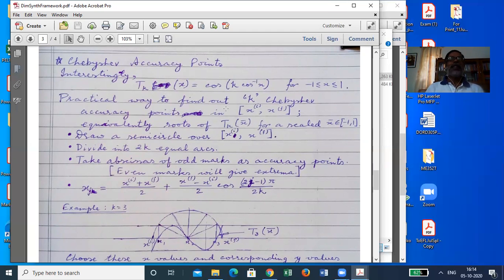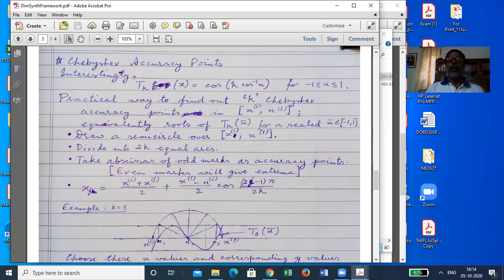So a practical way to find out k Chebyshev accuracy points in your required interval, equivalently roots of this for a scaled x bar over this: you draw a semicircle over this interval. So you see, this is xi, this is xf. So on this line segment, you draw a semicircle.